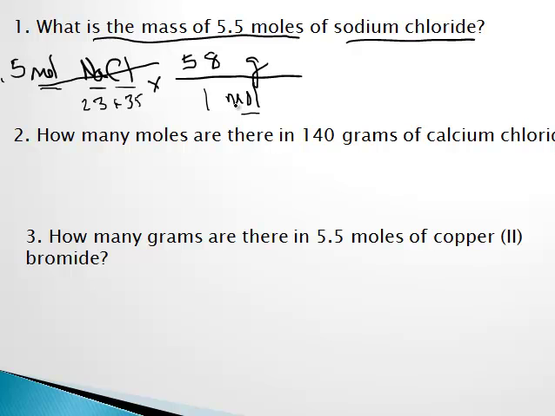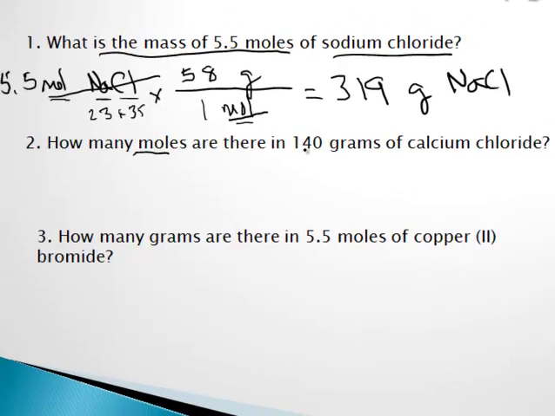That way the moles cancel and you're left with grams. So when you do the math here, 5.5 times 58, you get 319 grams of sodium chloride. Alright, let's take a look at the next one.